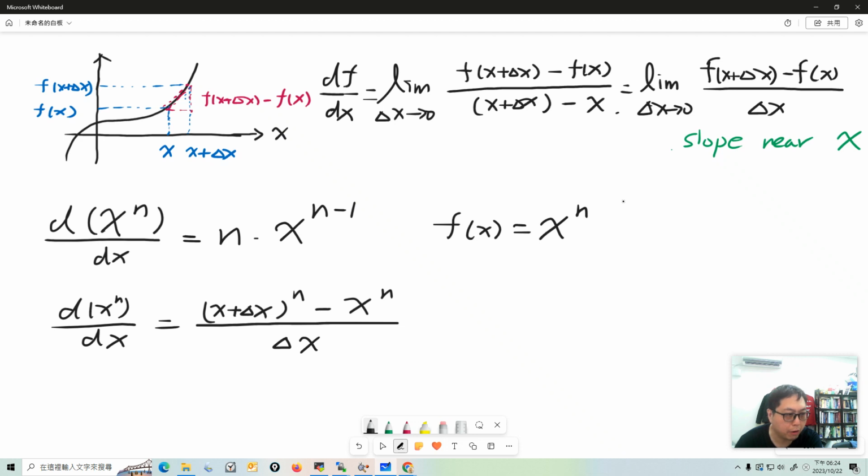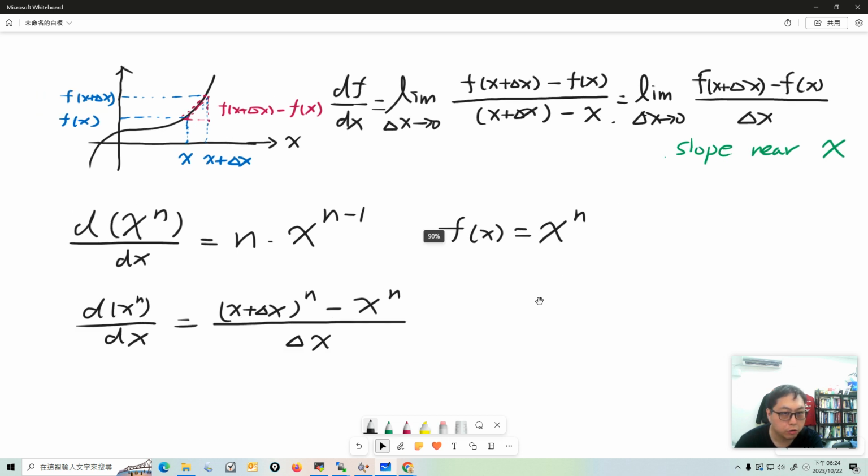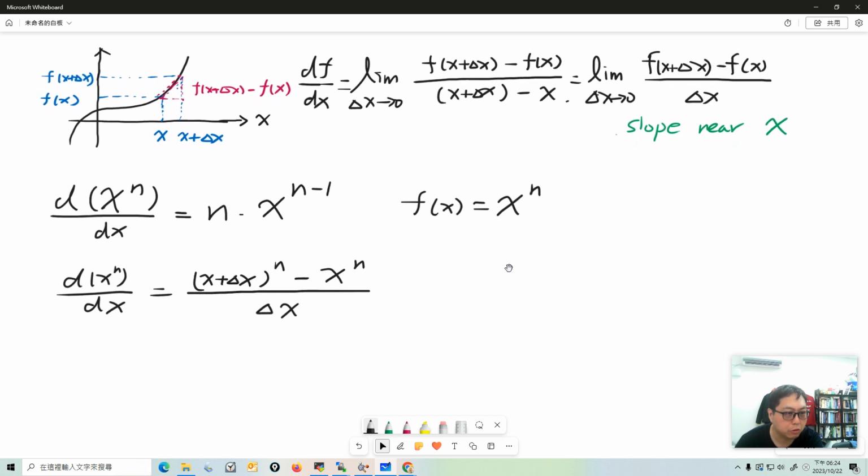So we have a problem here: what is x plus delta x to the power n? Did you learn the binomial expansion in high school? Let me write down x plus delta x to the power n.